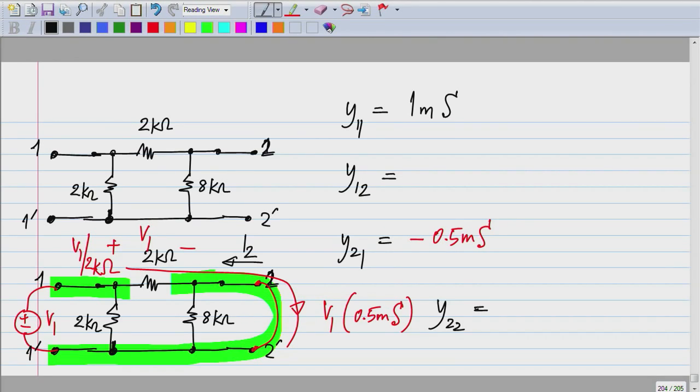The value of Y22 is 0.625 millisiemens. That's correct. What is the value of Y12?